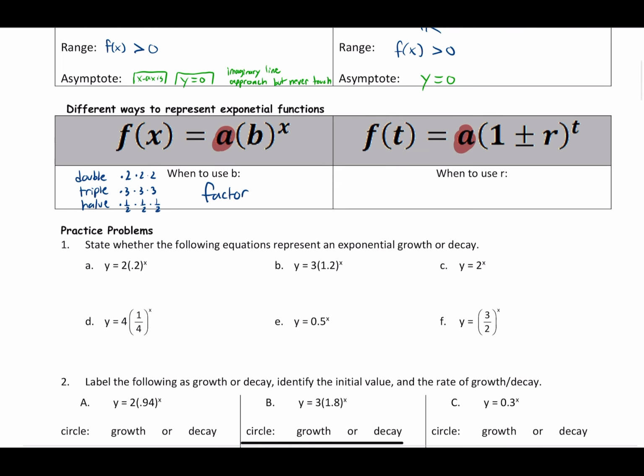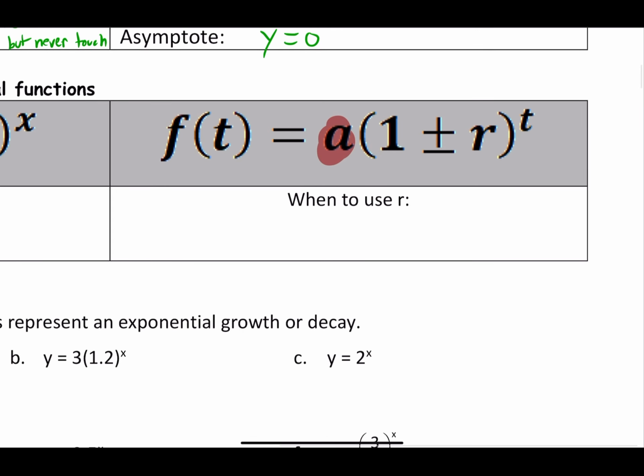We use R as a rate, and rate as in a percentage, something out of 100. So we only use R if we're increasing, growing, or decaying, minusing, by some percentage. So we only use R, this formula, when we are given a percentage. Like, let's say you invest in an account and you put $100 in the bank.